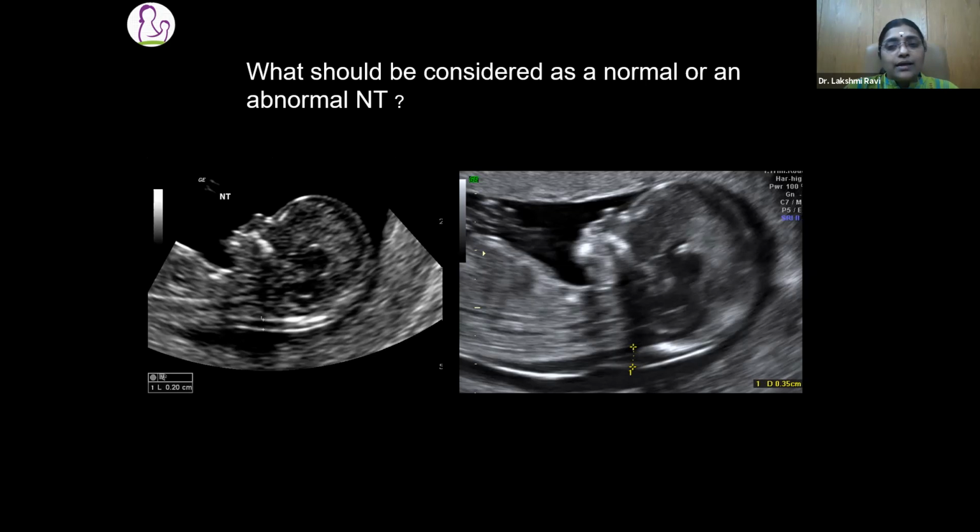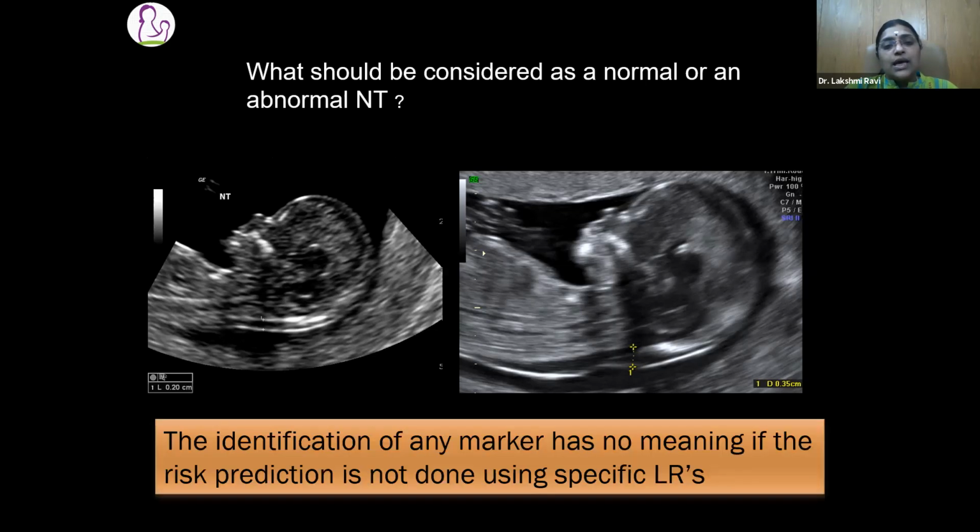Actually, this is how we should consider it: each marker has no meaning if the risk prediction is not done using the specific likelihood frequency of 2 millimeters, then you have to convert it in terms of risk ratios by incorporating it into the algorithm.